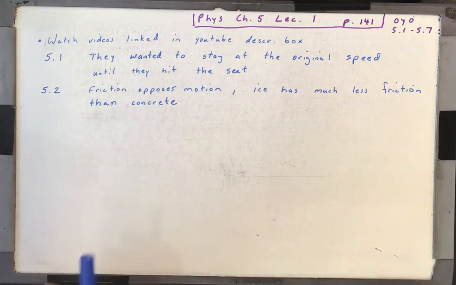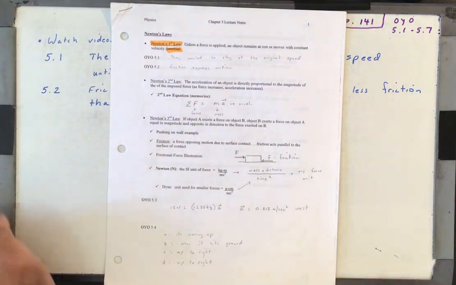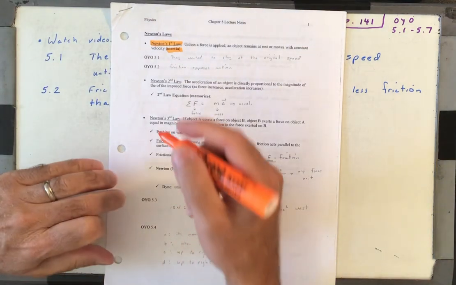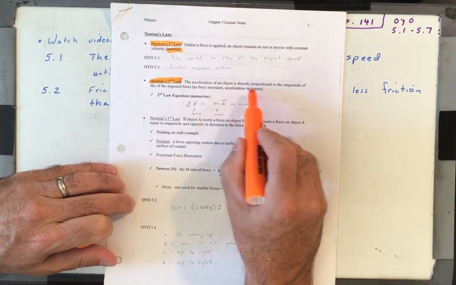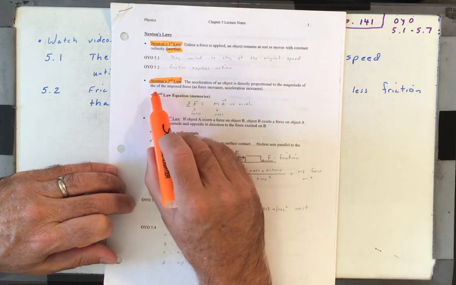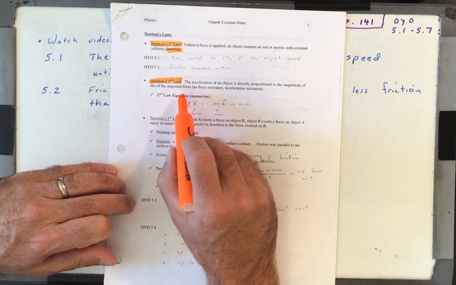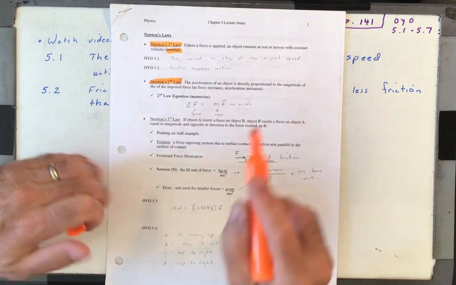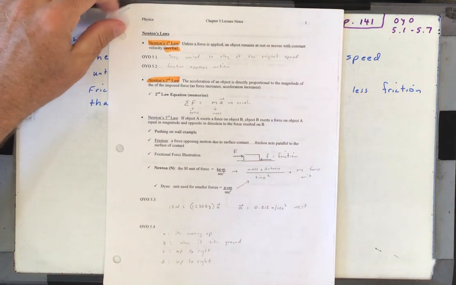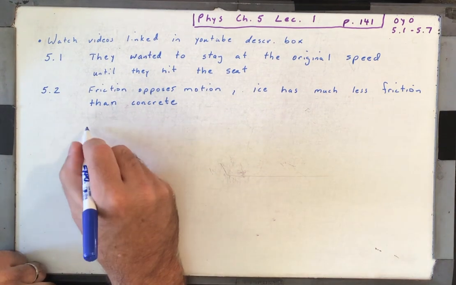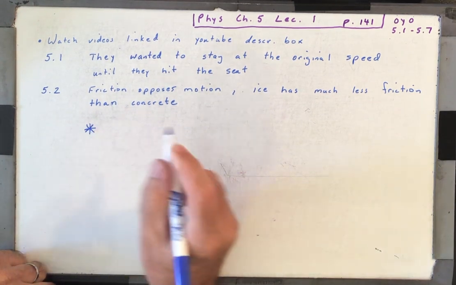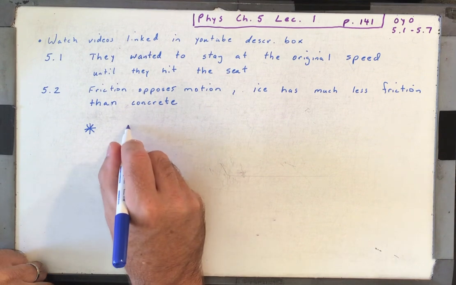All right. So moving on down your notes, let's talk about Newton's second law. It says the acceleration of an object is directly proportional to the magnitude of the imposed force. As force increases, acceleration increases. Now, Newton's second law can be summed up with one of the most famous equations in physics, maybe the most famous equation. And that equation, I've given you room on your notes to write it in. Got to memorize it.